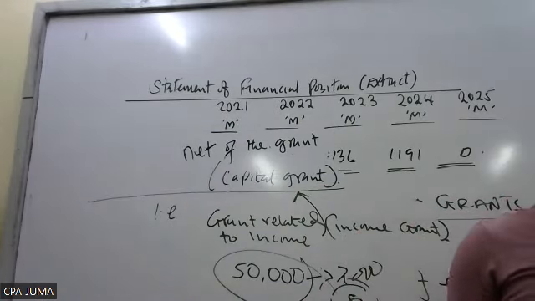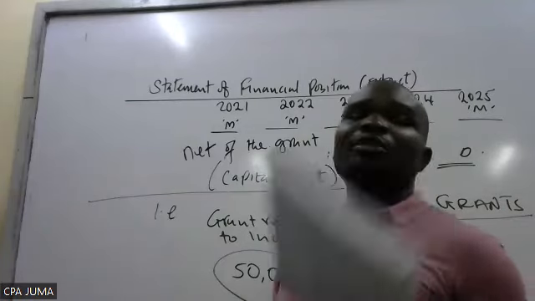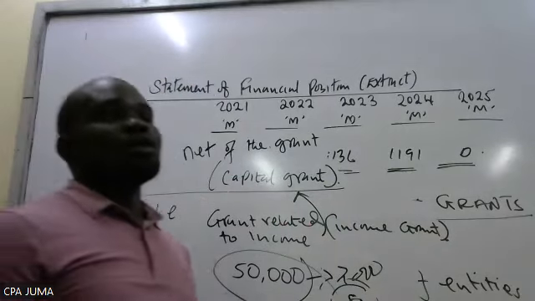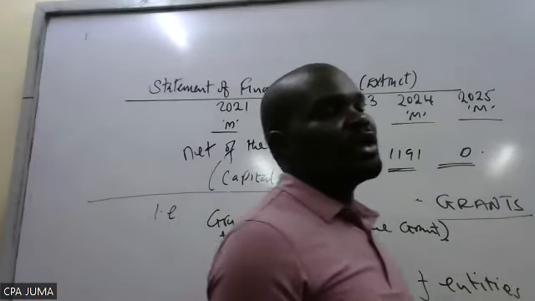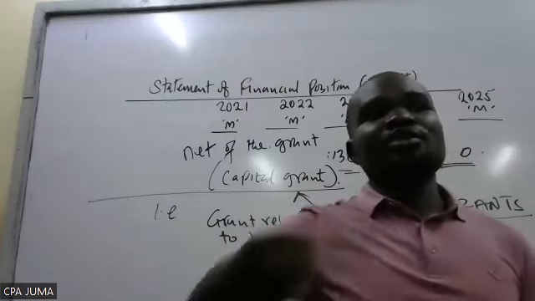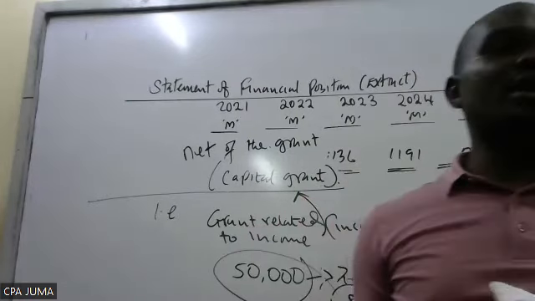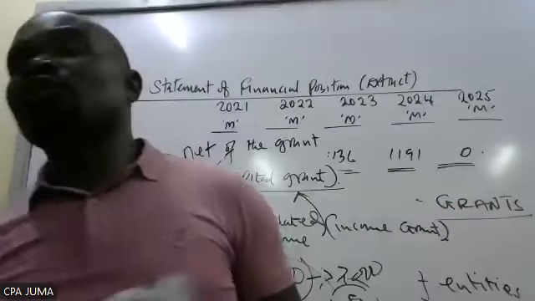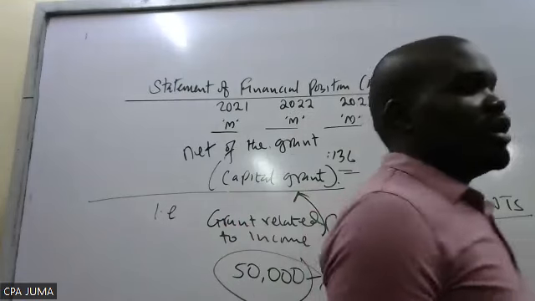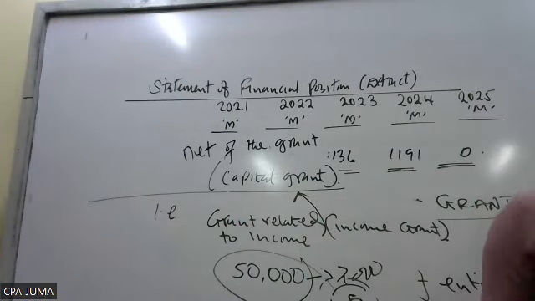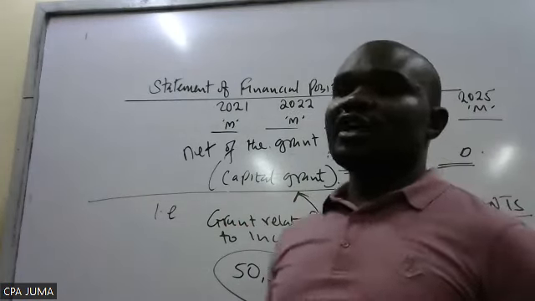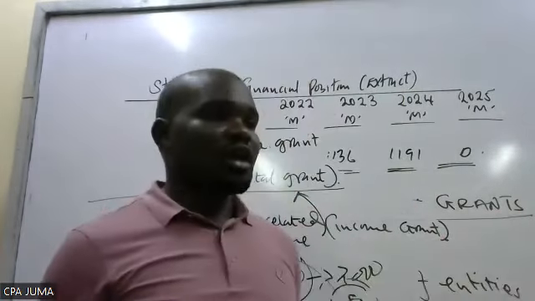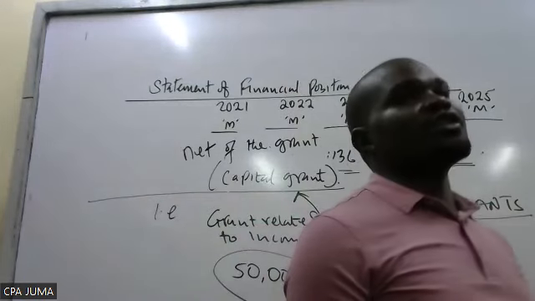Number two, income grants should not be offset against the cost or value of the asset.